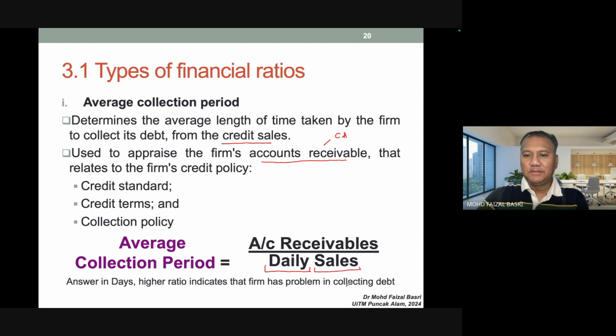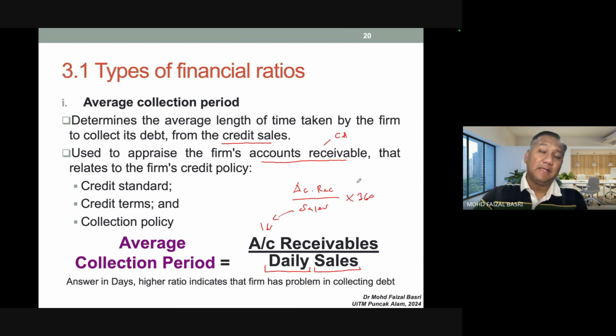Alright, so alternatively daripada formula ni, kita boleh revise formula ni menggunakan account receivable divide by sales. Account receivable ni ambil daripada current assets. Untuk sales ni, kita boleh ambil daripada income statement. Okay, you multiply with 360.